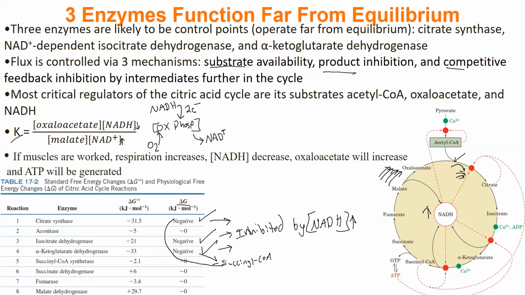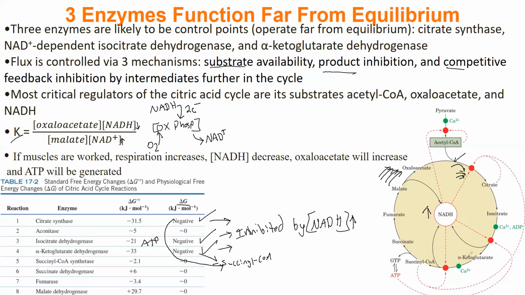This is competitive feedback inhibition, when succinyl-CoA inhibits the first enzyme. And ATP inhibits isocitrate dehydrogenase as well.